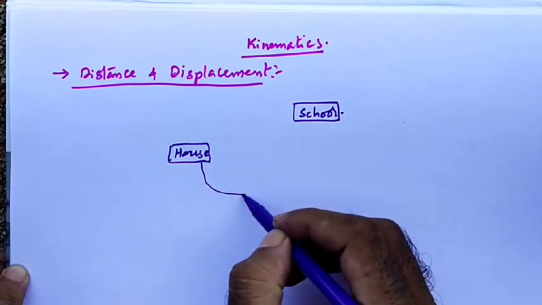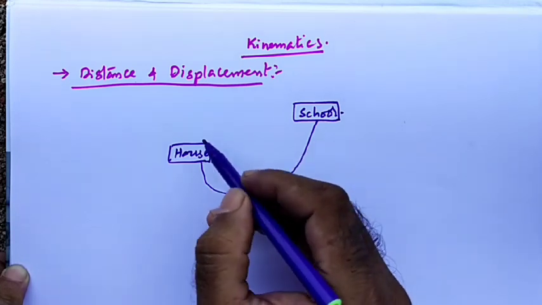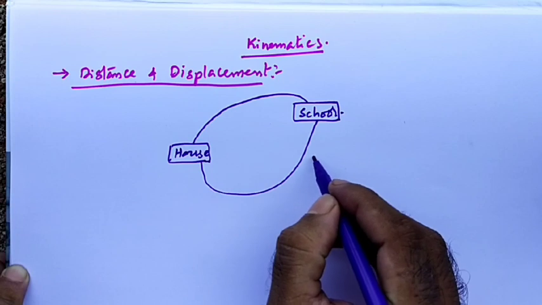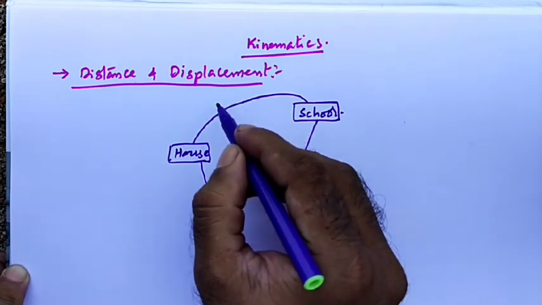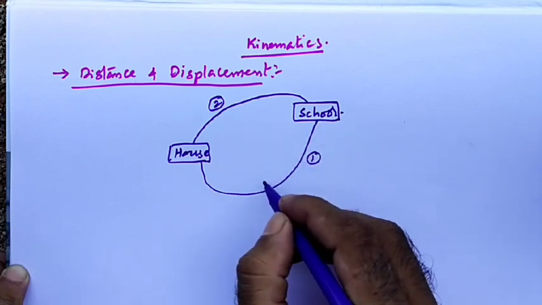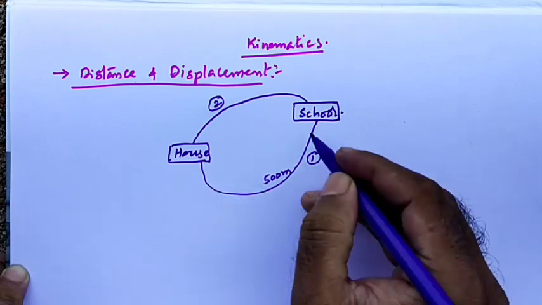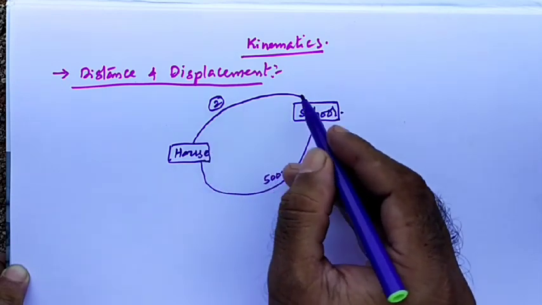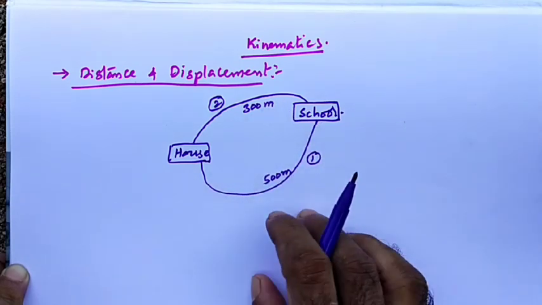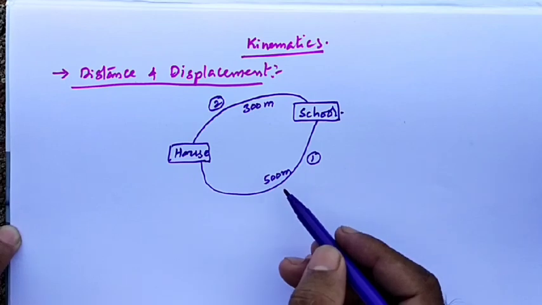This is the first way and this is the second way. If you move in this way, you may walk through 500 meters. If you move in this way, you may walk through 300 meters. Understood? So now here, which is distance, which is displacement?